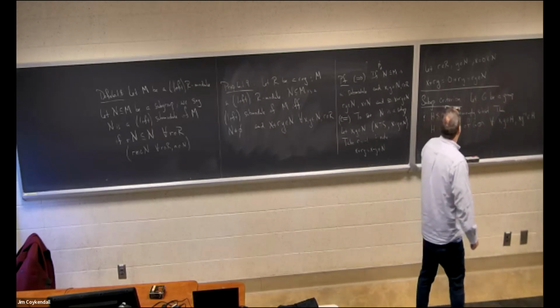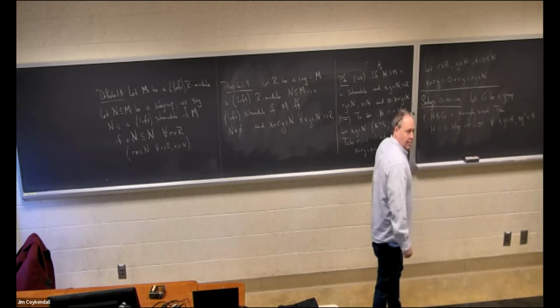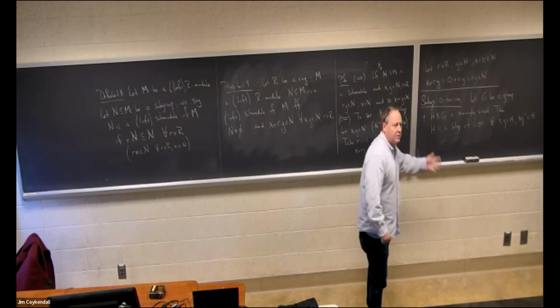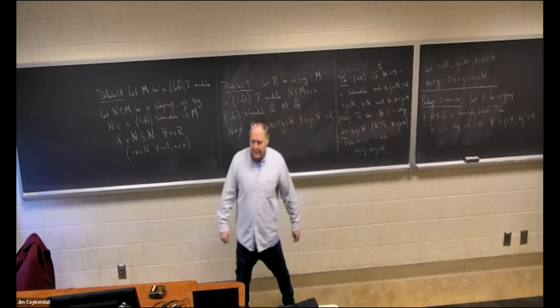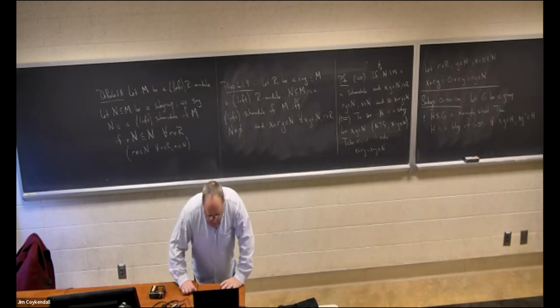That's the subgroup criterion. And so the x minus y is just translated to abelian. This is the same thing as this. Is that okay? Okay.